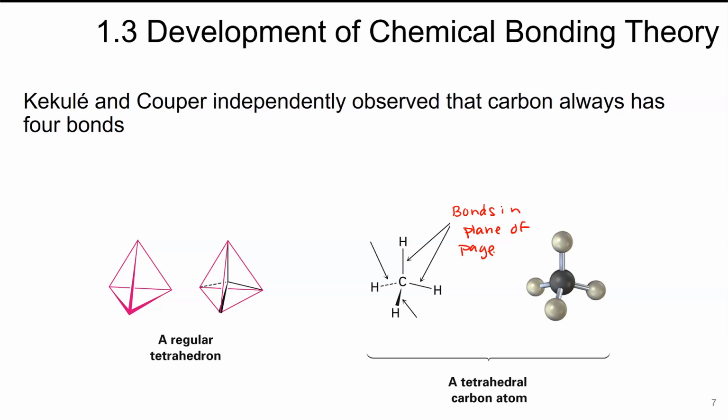So if you're looking at the lines of your paper, these are in the plane with your paper. The dashed lines are for bonds that are going away from your paper or sticking out the back of your paper. And then the wedged line refers to a bond that's coming out of the paper.